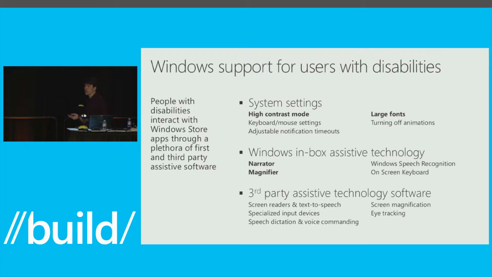But there's also a third-party ecosystem, including eye tracking hardware and software, screen magnification, third-party screen readers, voice dictation systems, et cetera. And the third-party ecosystem really enables third-party vendors to build very specific solutions to cover a whole wide range of disabilities. So as a developer, though, we can focus on a few key things to make sure that your app will work with all of these different solutions. We don't have to tailor to each one individually.